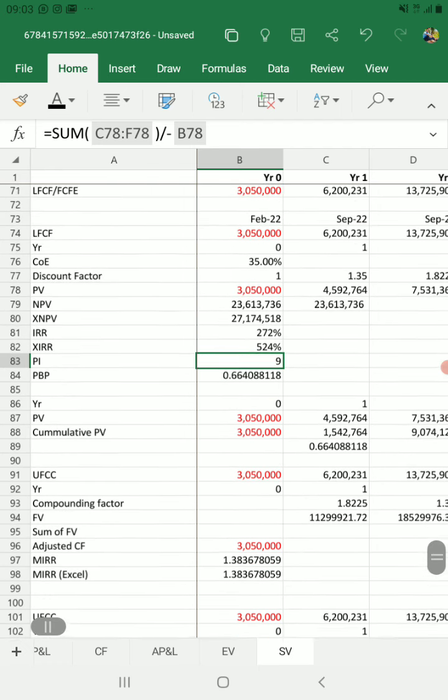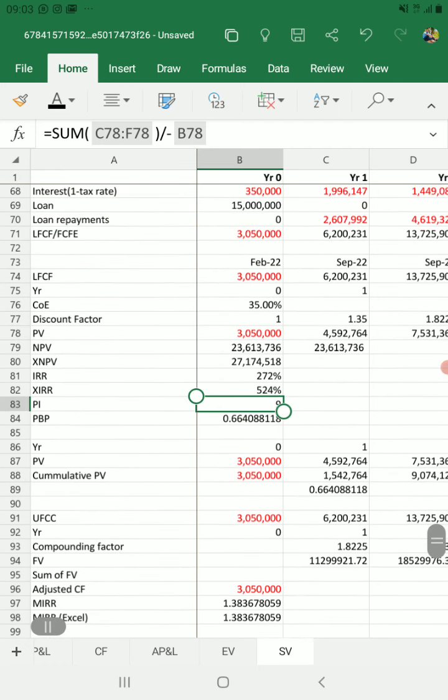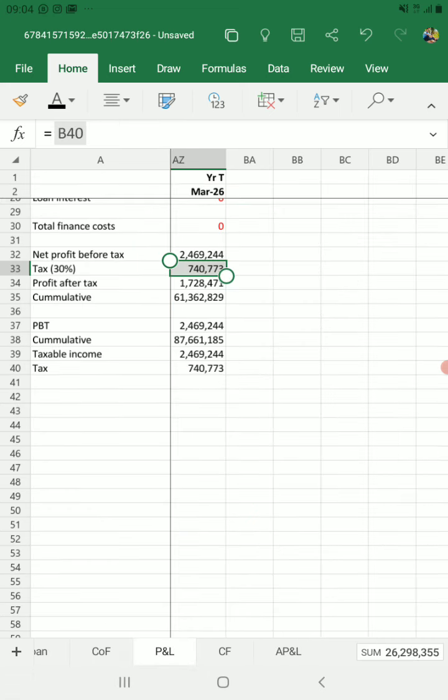Okay, so after this one, we may say, where is the problem now? Why can't we have such a profitable business? Where is the problem in our cash flow? So in the area we did adjustment on, let's go to monthly profit and loss.